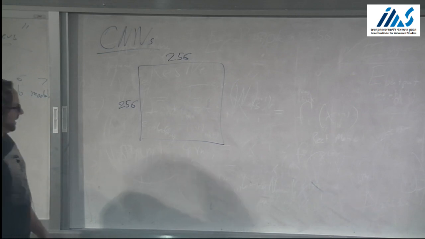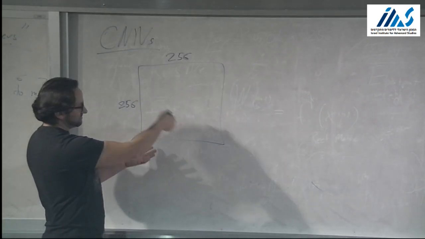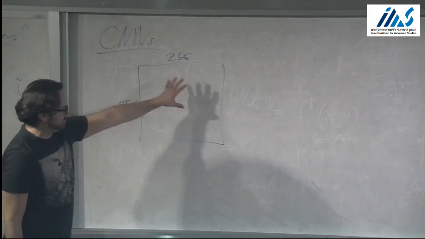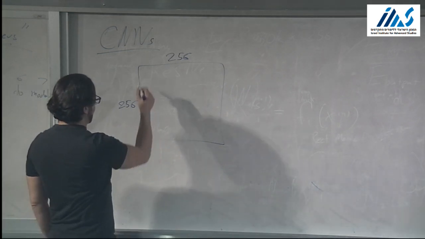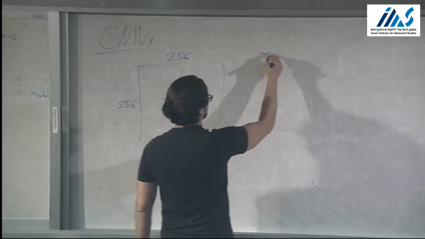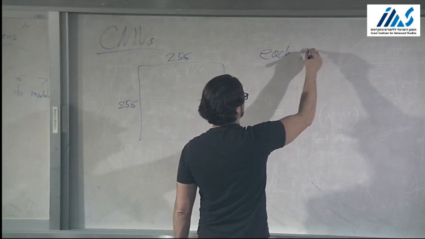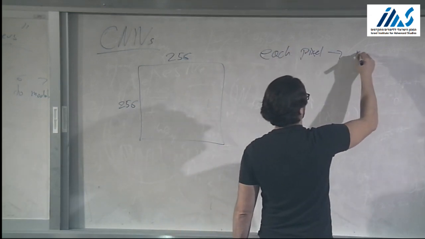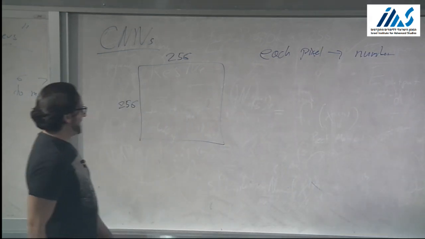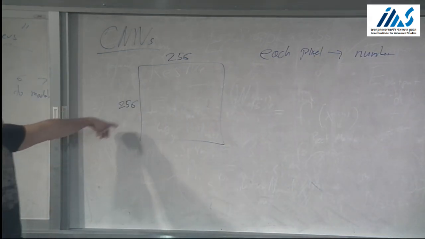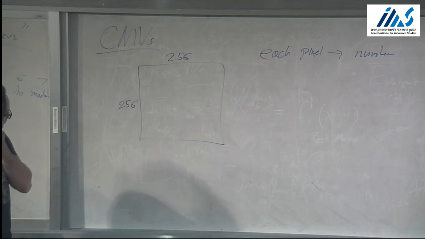I don't want to try to act on all of the information in the image at once. So how am I representing the image? Well, for each pixel I have a number. That means that I have a vector space that's 256 times 256 dimensional.